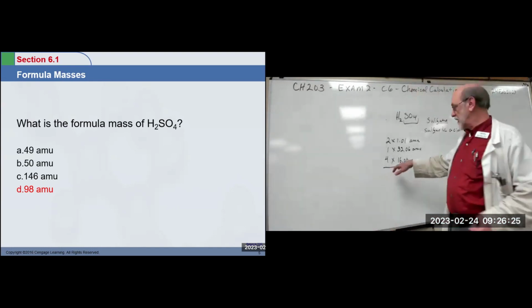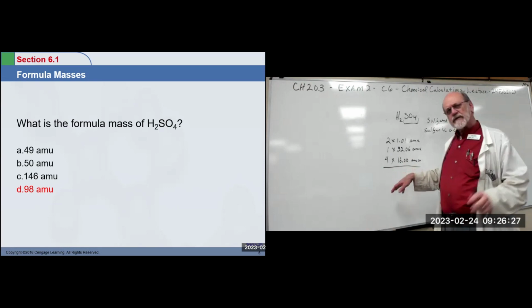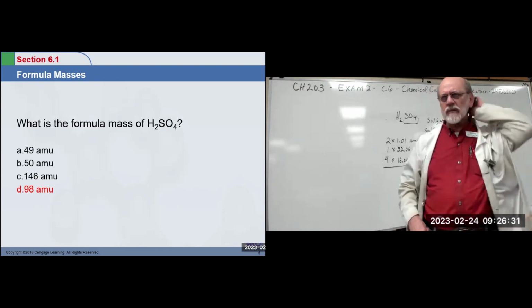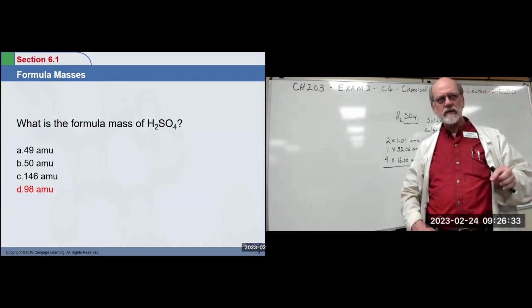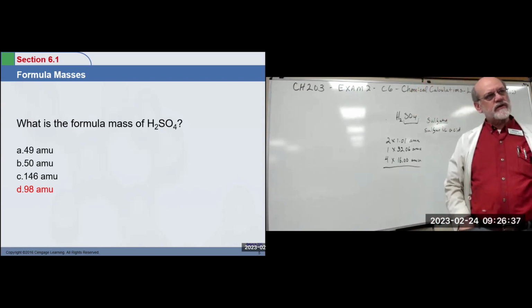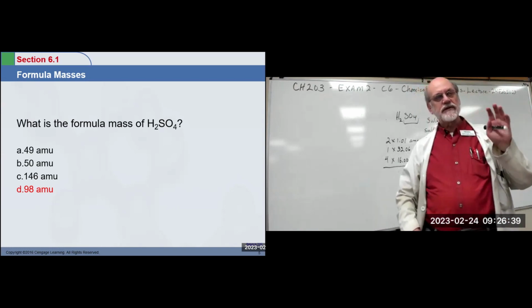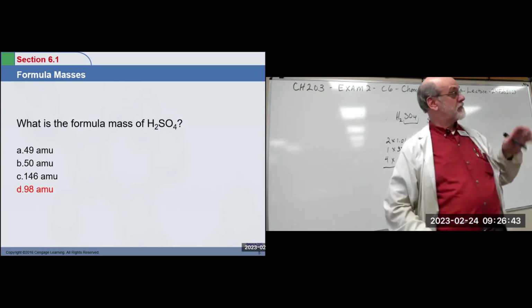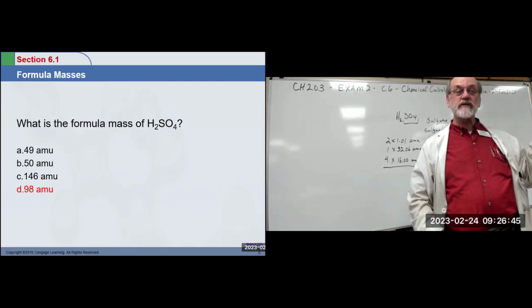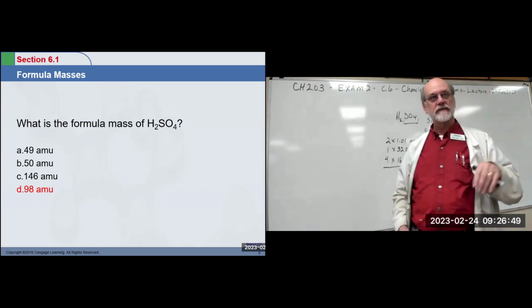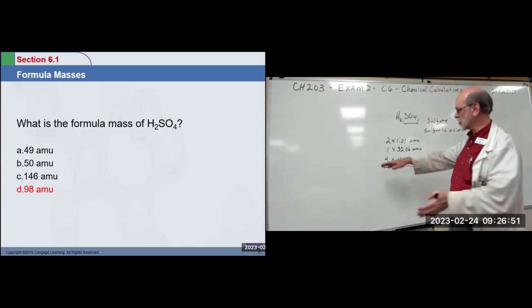Now, we defined what an atomic mass unit was, didn't we? When we were talking about individual elements and isotopes. Yeah, I know we did. An atomic mass unit is roughly the size of one proton. So that's why hydrogen is essentially one atomic mass unit for its mass, except for the other isotopes that kind of skew it up a little bit.